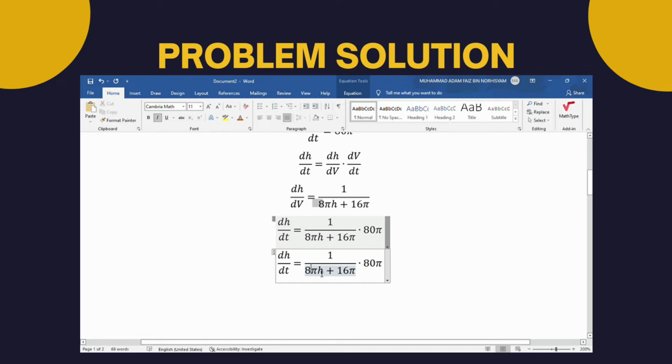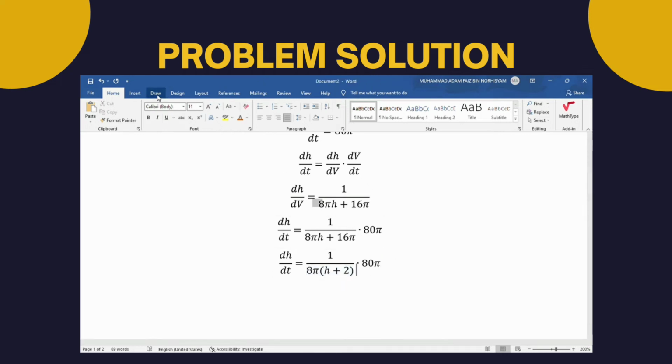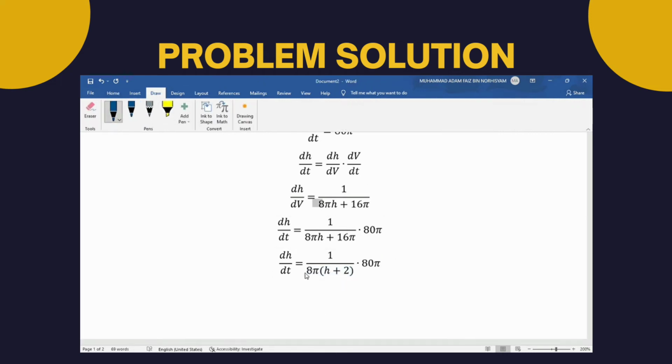Now, from the equation that we get, we have to factorize our 8 pi h plus 16 pi. The factorization will be 8 pi times h plus 2. We already got 1 over 8 pi (h plus 2) multiplied with 80 pi. So, we can cancel out the 8 pi with 80 pi.